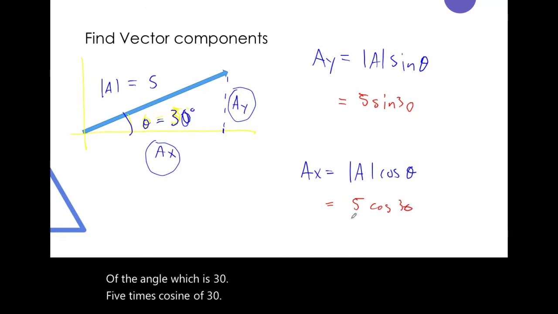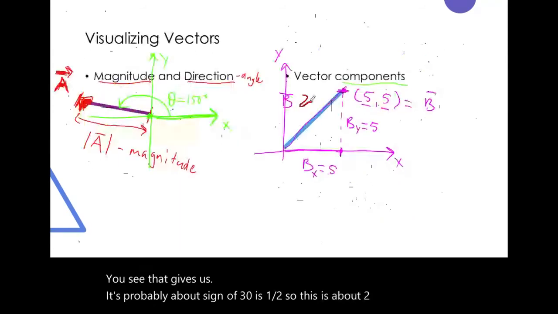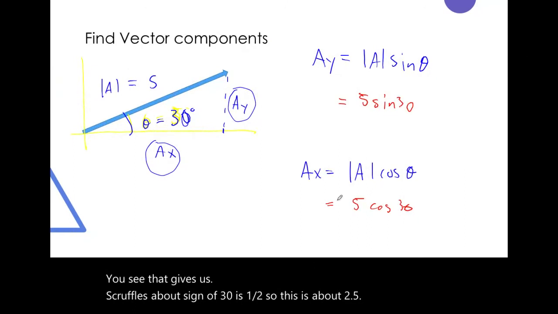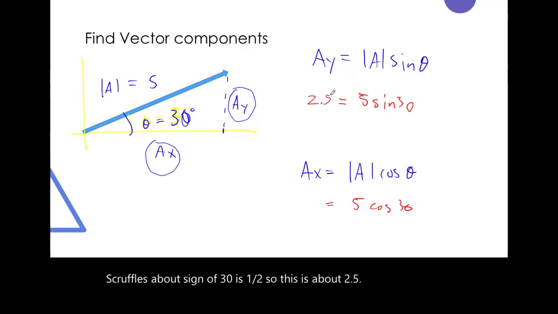Okay, so we put that in our calculator. Sine of 30 is a half, so this is about 2.5 meters.